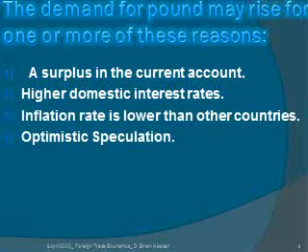The demand for the Egyptian lira or for the Egyptian pound may rise for one or more of these reasons. The first one is a surplus in the current account. The surplus in the current account means that exports are greater than imports.